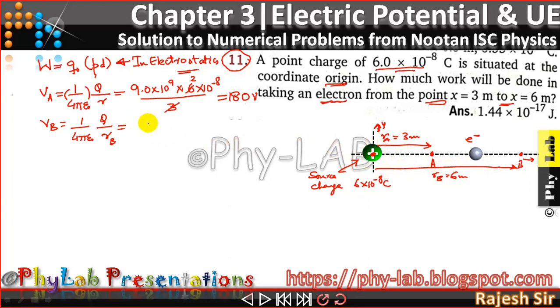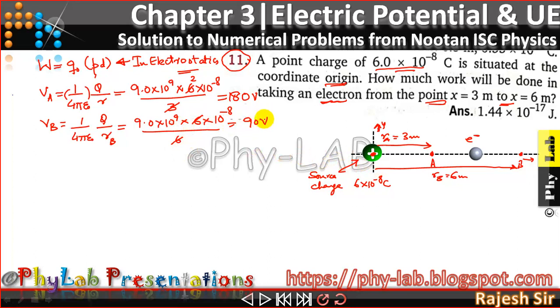Now let's substitute the values over here. 1 upon 4 pi epsilon naught has got a value of 9 into 10 to the power of 9. Now the magnitude of the source charge, once again the source charge remains the same, 6 into 10 to the power of minus 8, and the distance now happens to be 6 meters. So this distance is 6 meters. 6 and 6 cancel out, so the result happens to be 90 volt.